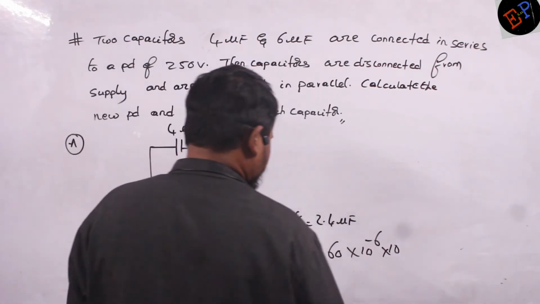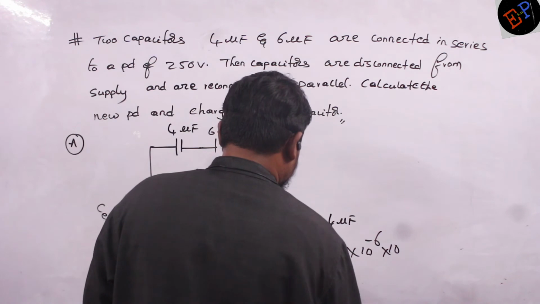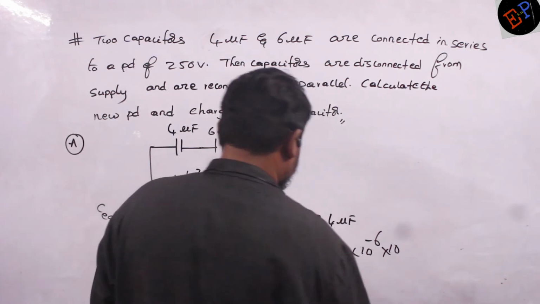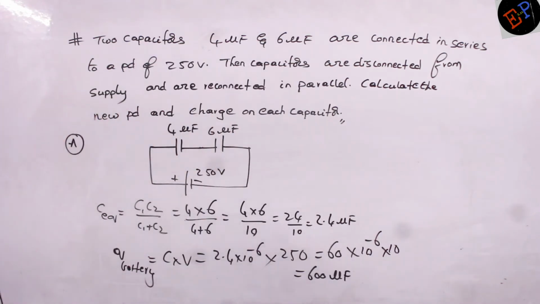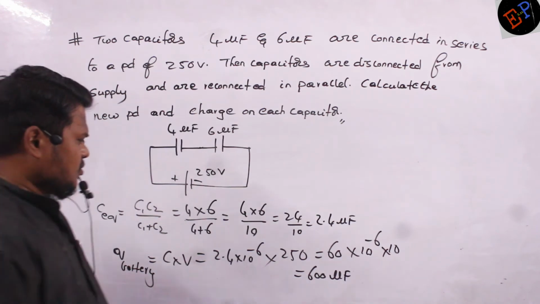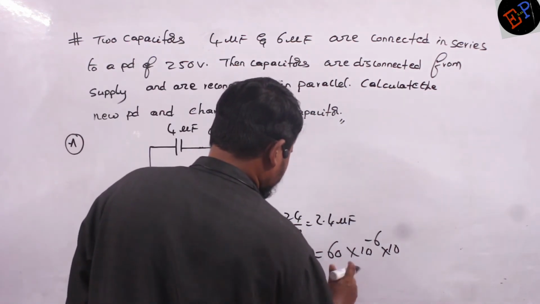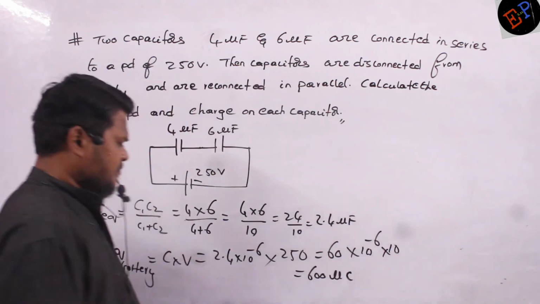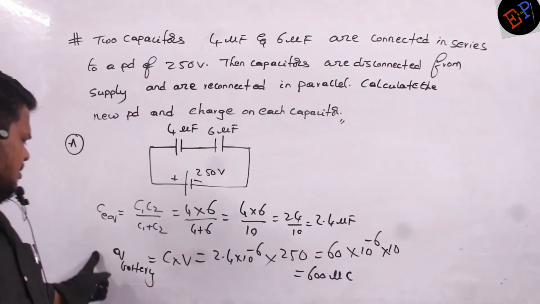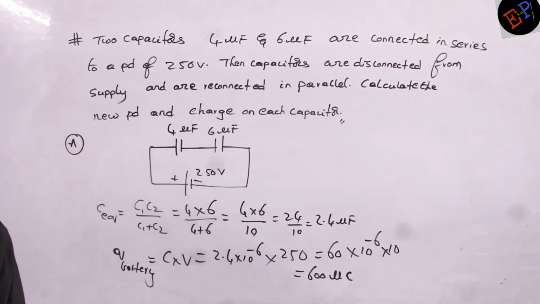Correct only, no? So therefore it is 600 microcoulombs. Is it clear? So this is the amount of charge supplied by the battery.